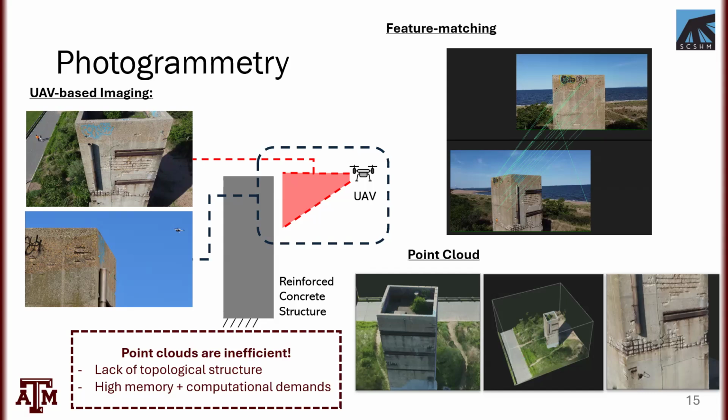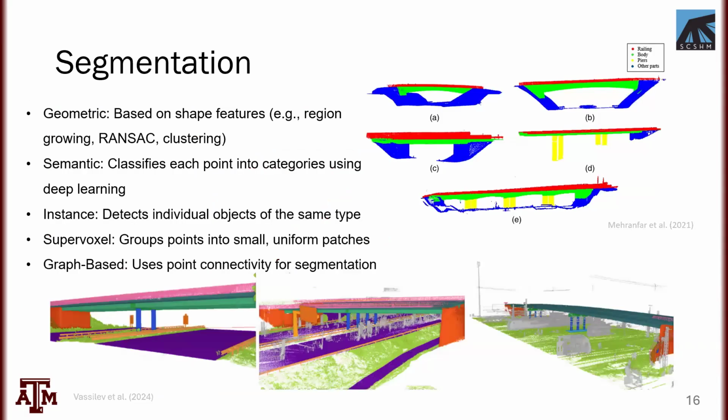So generally speaking, as soon as we have a point cloud, we like to take it and segment it into meaningful components, like bridge deck, piers, railings, and so forth. There are a variety of different means for performing this. We have geometric segmentation. We have semantic segmentation, where we use deep learning to classify the various components, and we need to have some sort of a pre-trained model to help us out.